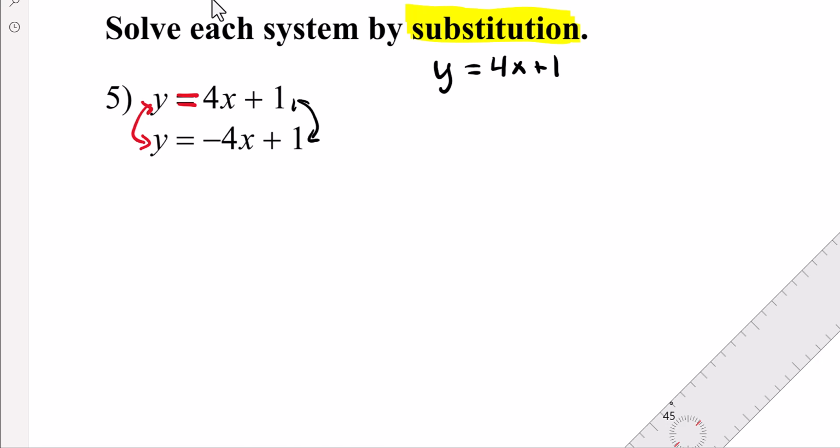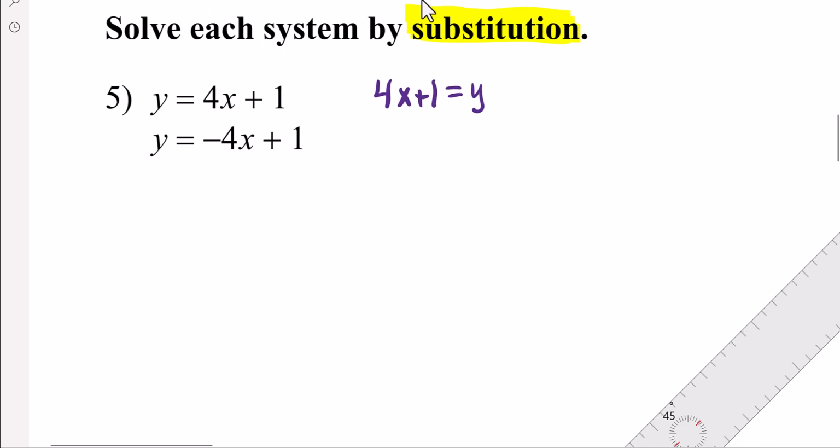All right, so that's what we're going to do. Here's a visual way of showing it. We could say 4x plus 1 is equal to y. Well, this same y is equal to negative 4x plus 1. Well, they equal each other, so we can eliminate the middleman.